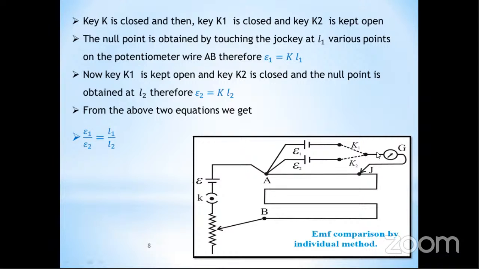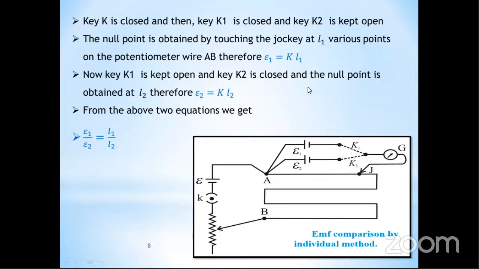Again you have to take the jockey in your hand and put it on different points of this AB and find the point at which the galvanometer shows zero deflection, the null point, and measure that corresponding length. Therefore, E2 is equal to K into L2. Therefrom, E1 divided by E2. Suppose this is equation number 1 and this is equation number 2. We want here the ratio.